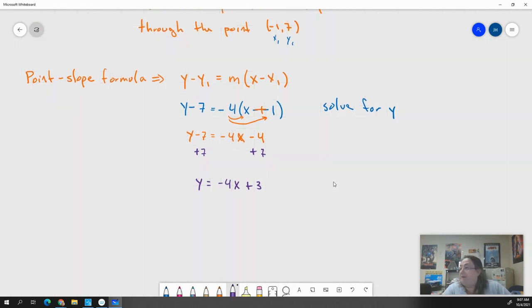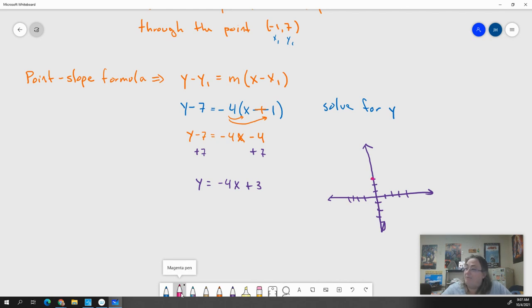If we wanted to graph it, it would be super easy to graph because I have my y-intercept, right, at +3. I just feel a need to graph it right now, right? If I wanted to graph that, I go, okay, well, I have a point at 3.